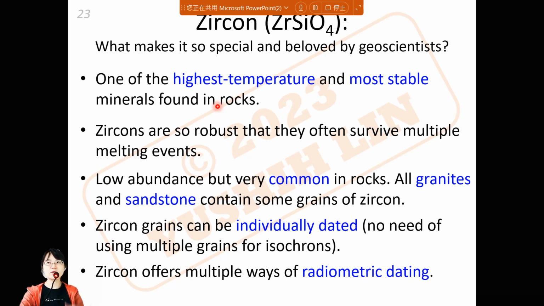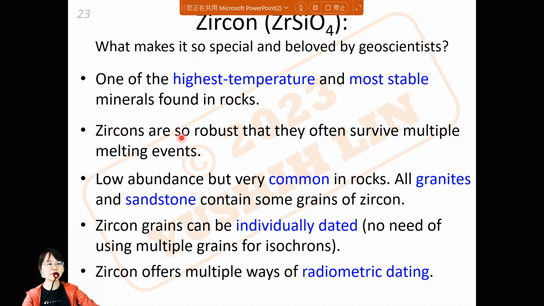If a mineral or a rock is melted, then it becomes an open system again, and this will reset its age. Therefore, if we want to know the oldest possible age, we would like that the mineral after it is formed is not open to the environment again, because zircon is the most stable high temperature mineral that you can find in rock. So that usually means they are resistant to melting events.